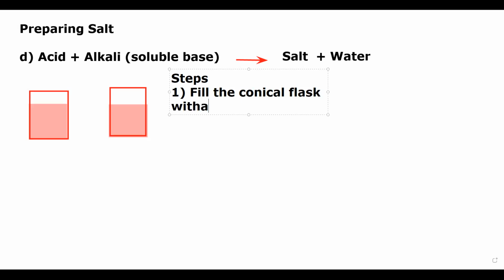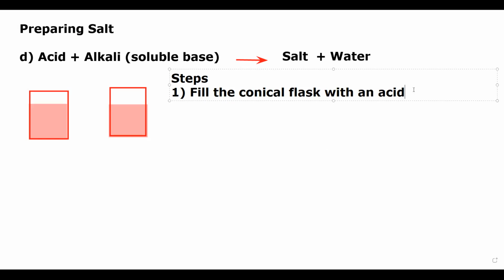It is not necessary to use acid, it can be filled with alkali. It's up to you. If you fill the conical flask with acid, then the burette will be filled with alkali. If the conical flask is filled with alkali, then the burette is filled with acid. So the opposite can be done. So fill the conical flask with an acid.